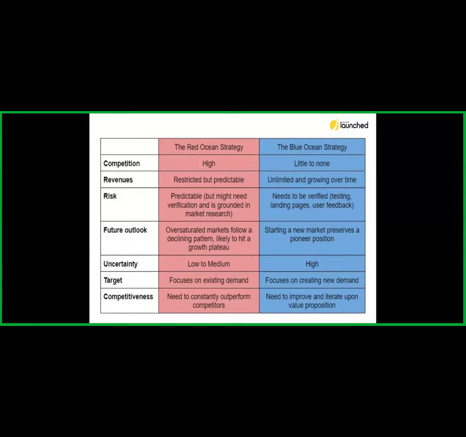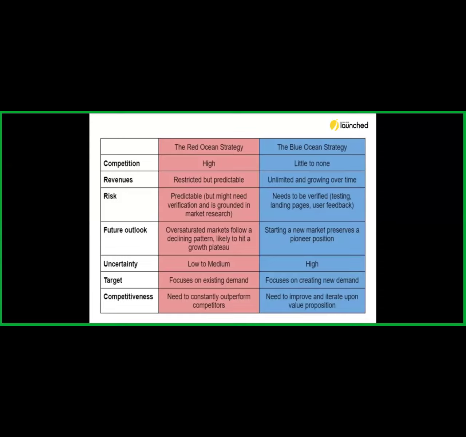From the business perspective, like water, there is lots and lots of potential. An organization can cash in on this untapped potential. That is what blue ocean is.